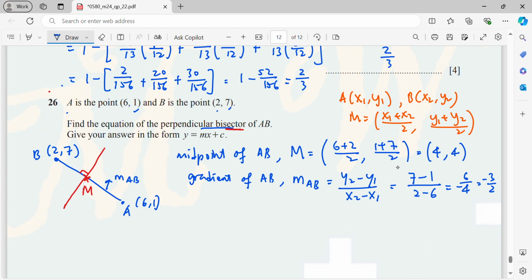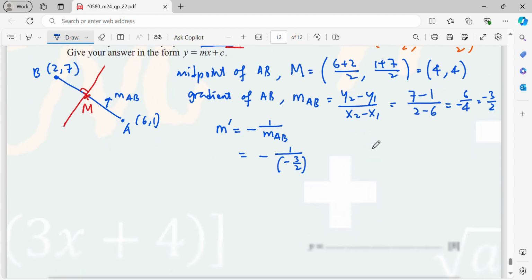Now, since the straight line, the red line, is perpendicular to AB, right? That means M prime equals negative 1 over MAB. That is the gradient of the perpendicular line. That means I will be getting negative 1 over negative 3 over 2.